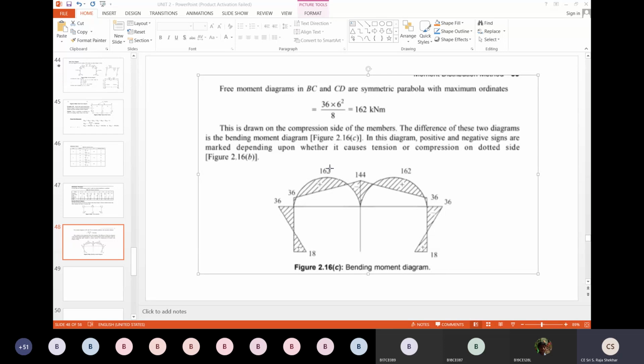I'll represent a BMD here. How we draw the bending moment diagram, I will show here. First, I will draw this frame. Let us suppose these are the frames.